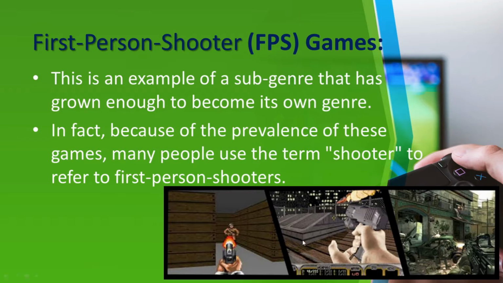As you can see, for FPS, most of the time what you'll be seeing is the surroundings and only the hand and weapon that is available to your character. You won't be seeing your whole character. What you're going to see is just the point of view of your character.